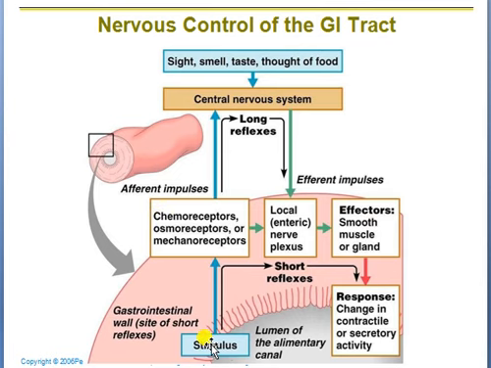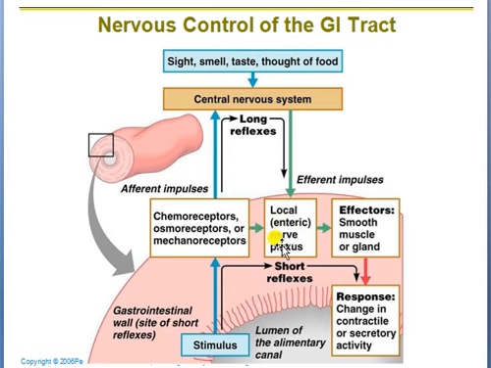So when the food material reaches the gastrointestinal wall, it produces some reflexes. It reaches the chemoreceptors, osmoreceptors, mechanoreceptors. So that is in the central nervous system. Then after that, the efferent action is stimulated through the nerves.